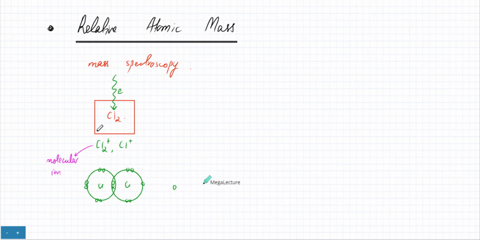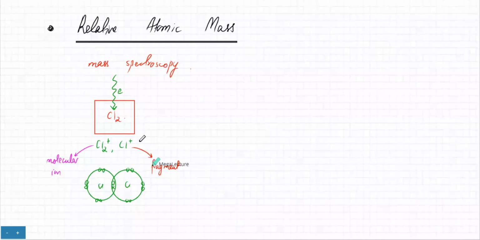Anything could happen. Or the other thing that could happen is that the bond in the Cl2 molecule would break and you'll get a Cl atom that's going to get ionized as well. That's called a fragment. It's basically a smaller piece of the original molecule.